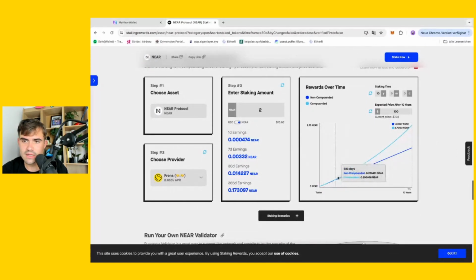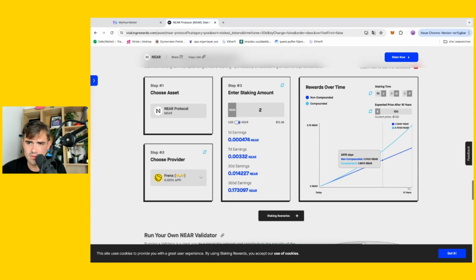However, if you click on the compounded way, which means, and this is what I've also mentioned when staking NEAR to keep a little bit of dust here, is when you compound your staking rewards. So you get your staking rewards and you immediately stake it with your validator again, then the compounding effect takes place, similar to what we know from banks and ETF investments and so on.